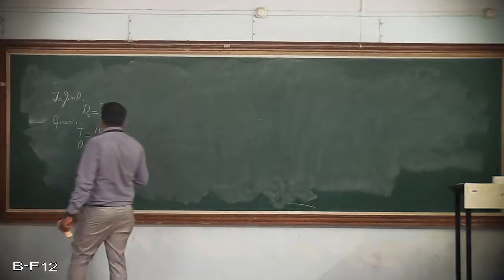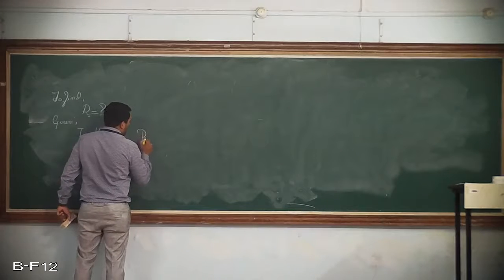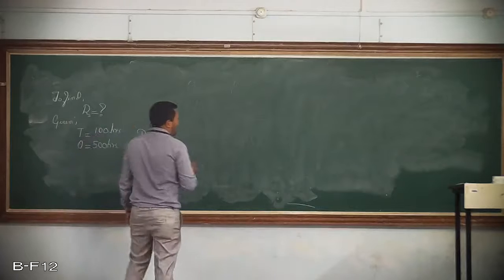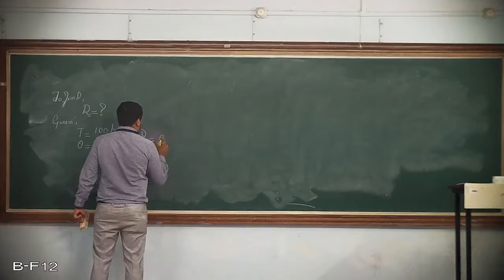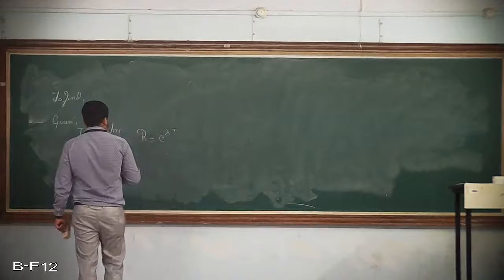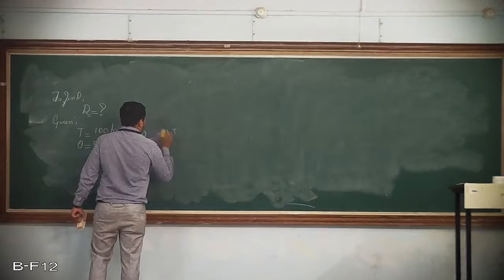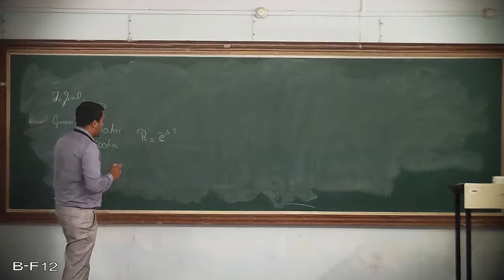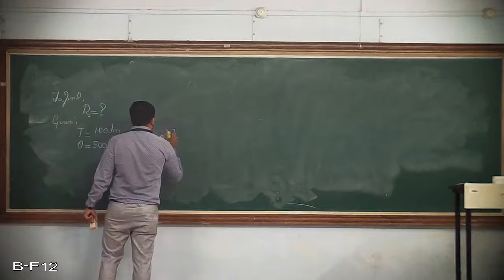We know that the reliability R is equal to e raised to minus lambda t, where lambda is the failure rate and t is the time period.